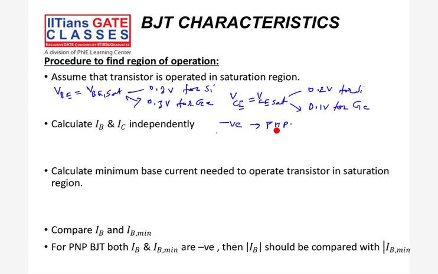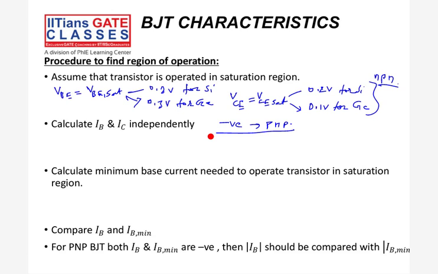And this is for an NPN transistor. For a PNP BJT, the voltages are negative, so remember that we take negative voltages for PNP. All of these are for NPN BJTs. The main thing is that we need to assume our transistor is operated in the saturation region.